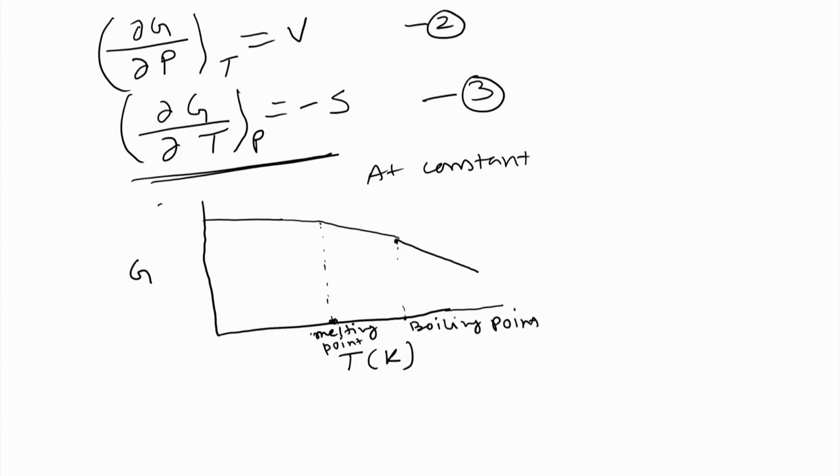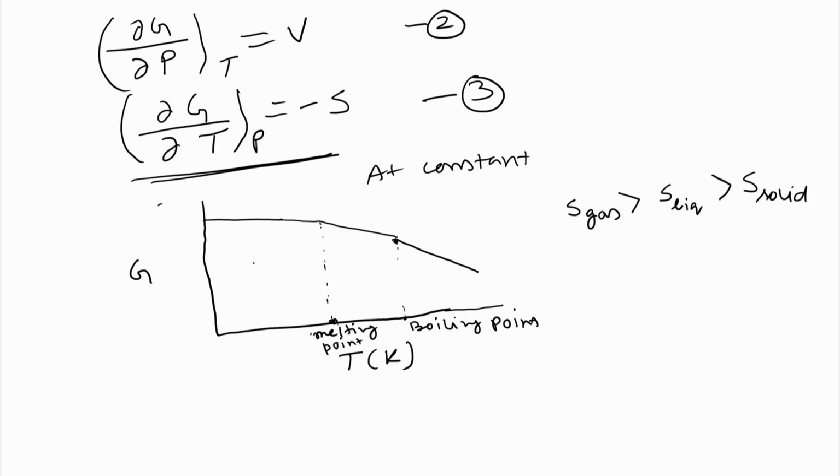Why are the slopes different here? The slopes are different because the absolute entropy of a gas molecule, S gas, is much higher than S liquid, which is greater than S solid. That is why we get different slopes here.